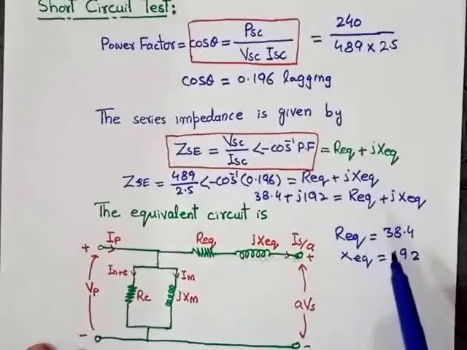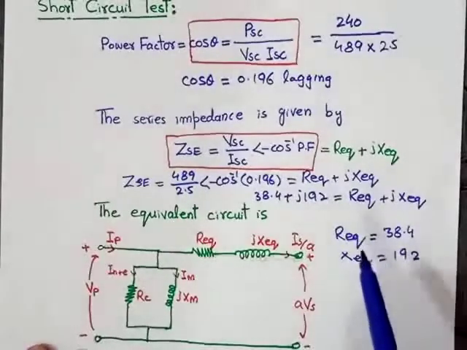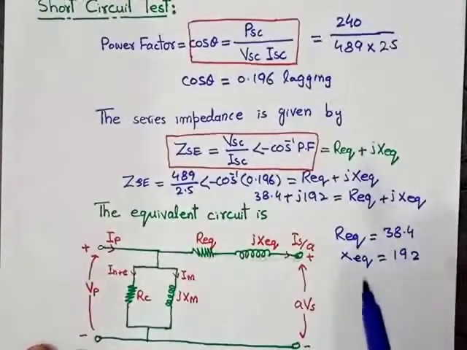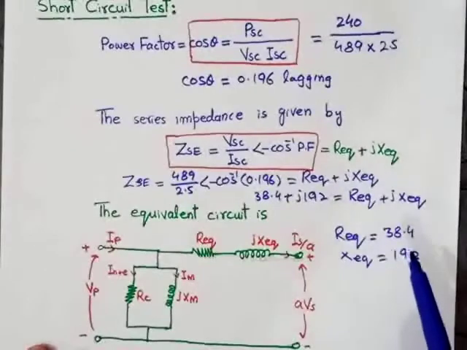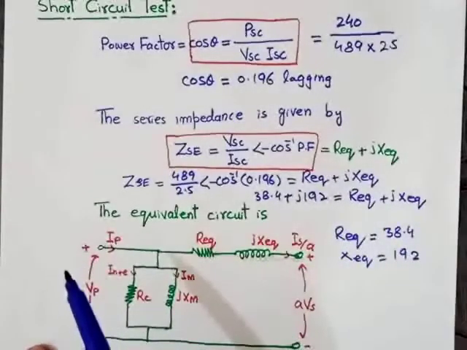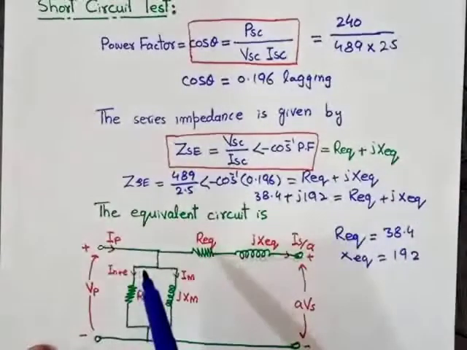As we have already discussed, we can determine the values of R equivalent and X equivalent by performing the short circuit test of the transformer. As we know, we perform the short circuit test at the high voltage side of the transformer. In the given problem, the high voltage side was the primary side.